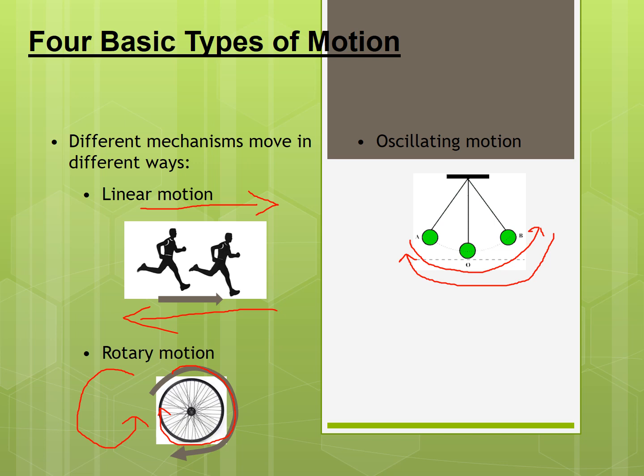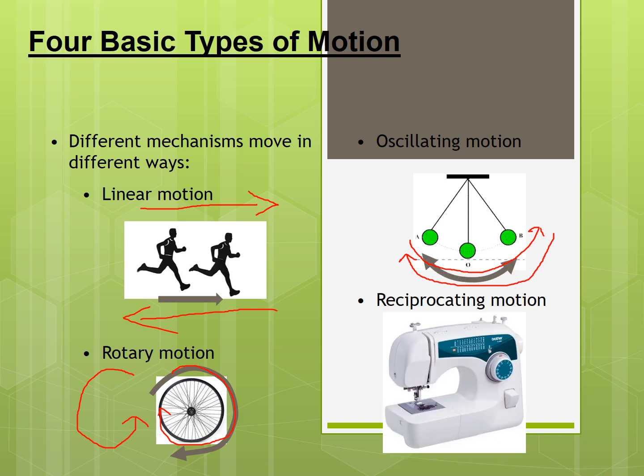Then it is considered an oscillating motion. Last but not least, there is the reciprocating motion, where in one action it goes up and it will come down in one action, and then it is considered a reciprocating motion.